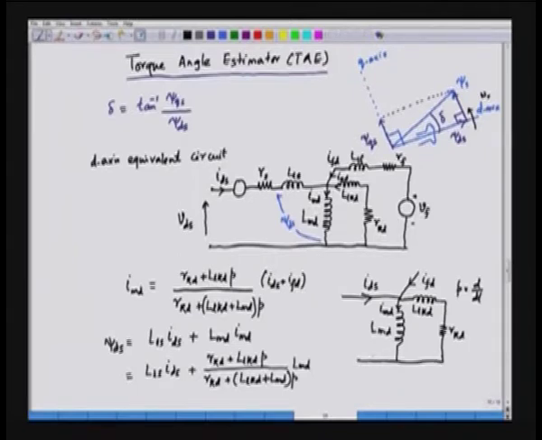The currents are IDS plus IFD. So, this is the expression for psi ds.